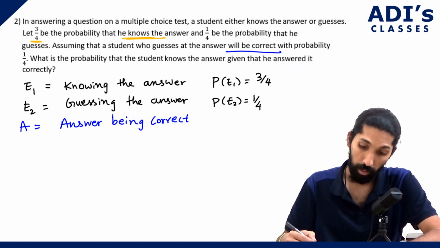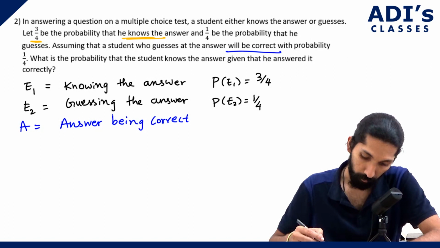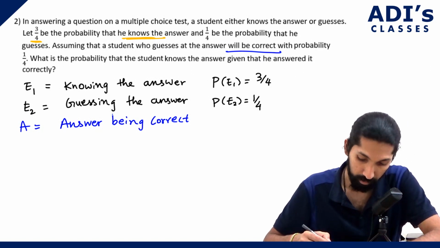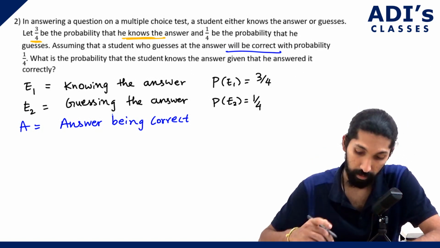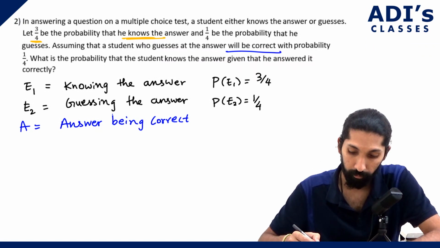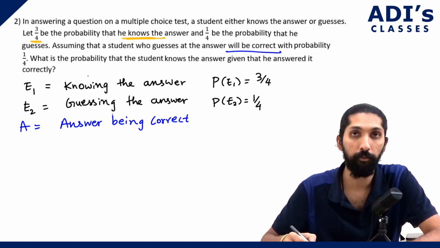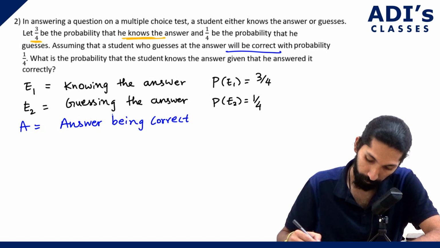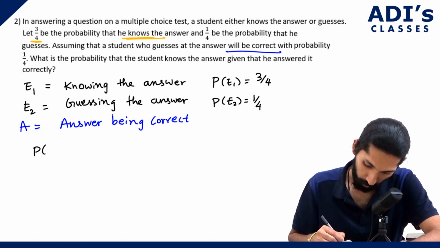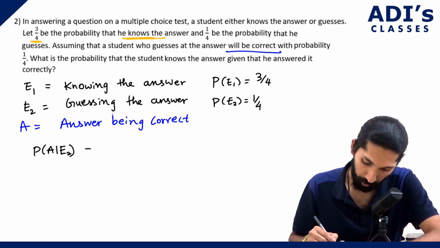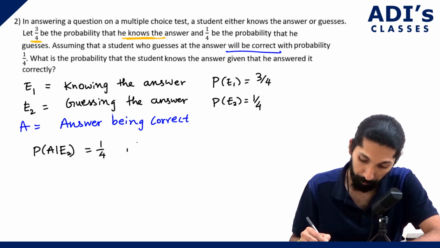Isn't it? Now see the next one. Assuming that the student who guesses at the answer will be correct with probability 1 by 4. Right? See, P of A given E2, this is going to be 1 by 4. Now we need P of A given E1, right?